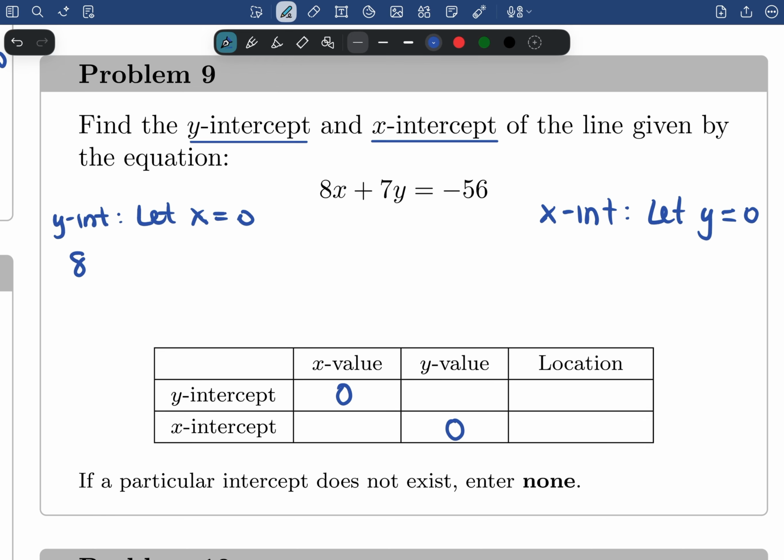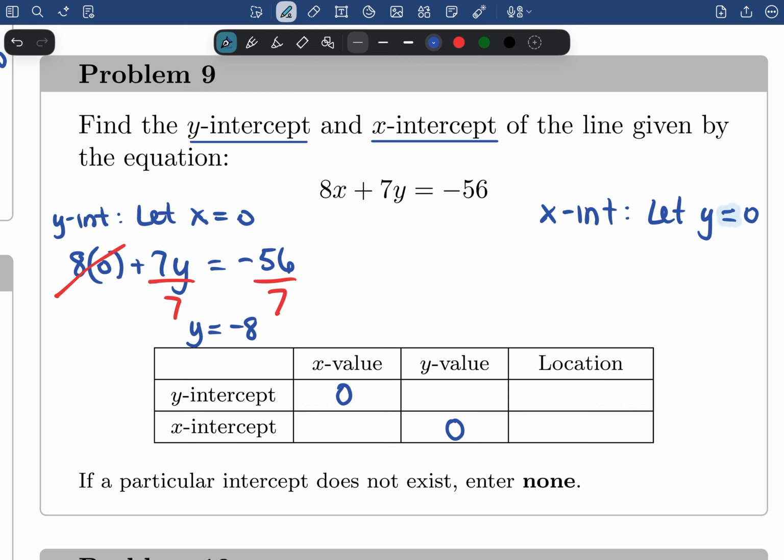Rewriting this, I have 8 times 0 plus 7 times y equals negative 56. That 8 times 0 cancels. And I now divide by 7 from left to right. And I find out that y is equal to negative 56 divided by 7, which is negative 8.